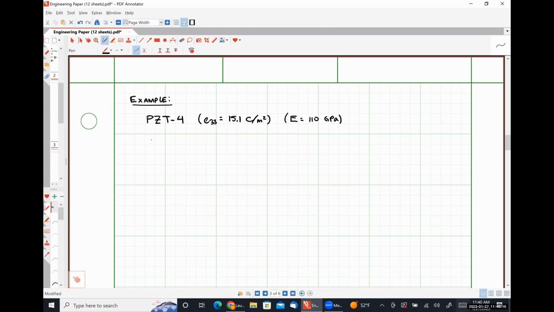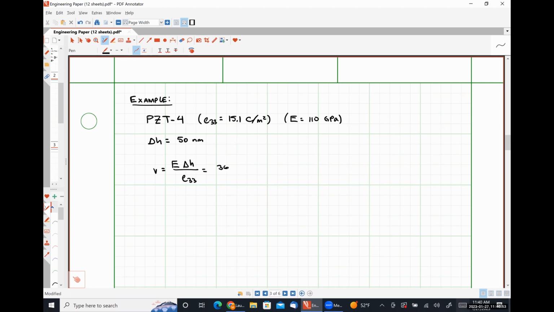So if we want to achieve a 50 nanometer displacement, what voltage would we need? Right? So if we rearrange our equation, our voltage is just going to be equal to our Young's modulus times our desired displacement divided by our piezoelectric coefficient.